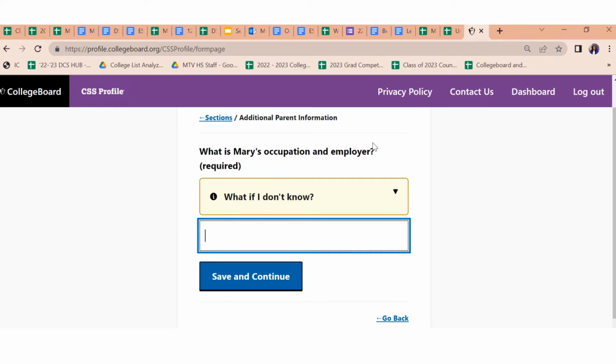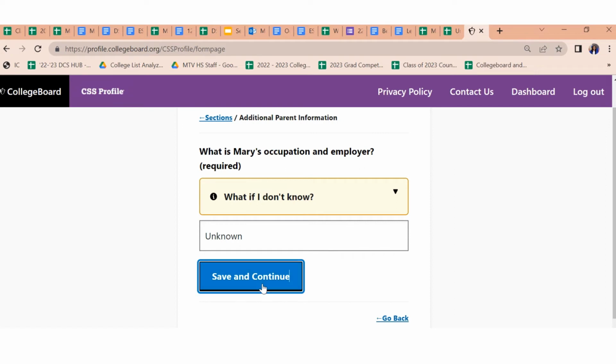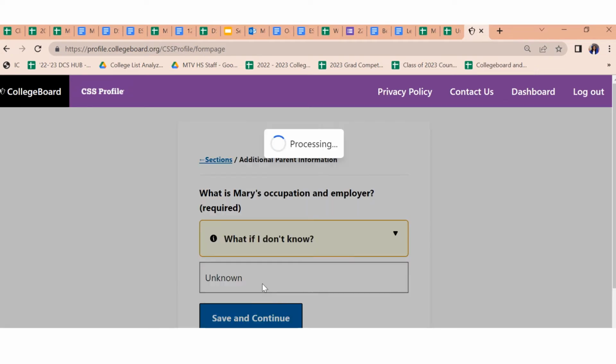But I recommend putting unknown, even if you're thinking, well, I know what this non-custodial parent does, and I know what their job is. I recommend putting unknown and letting that parent input that themselves when they are asked. So I recommend putting unknown for this and then continuing.